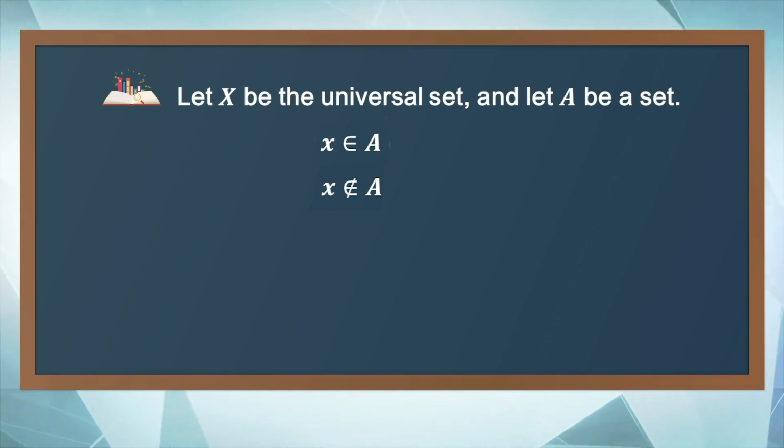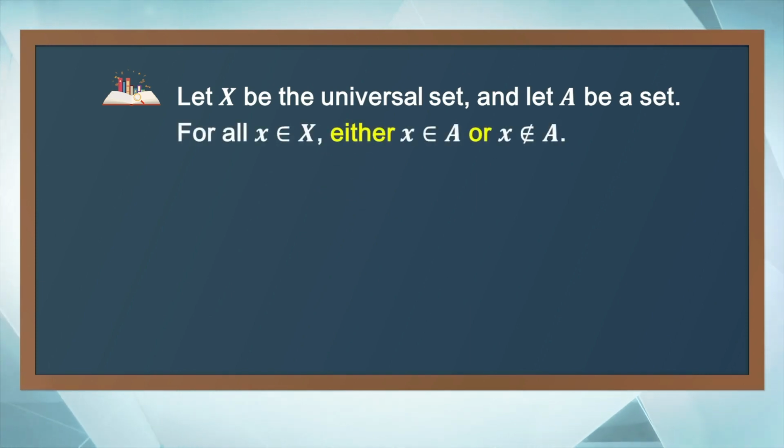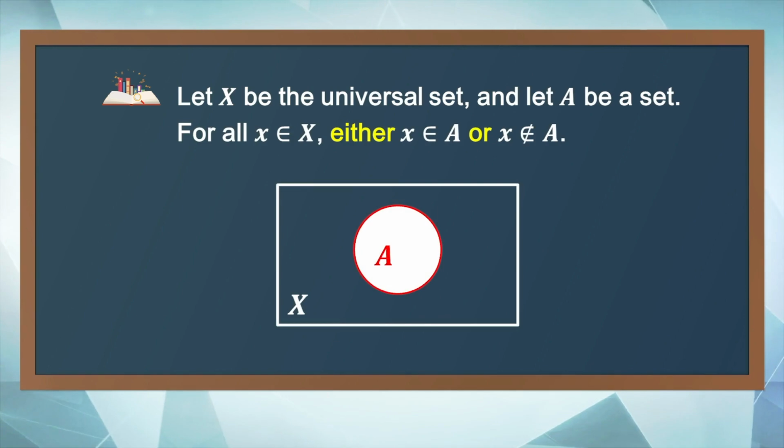Usually we use capital letters to denote the sets, and we use lowercase letters to denote the elements of the sets. For all elements in the universal set, either x is in set A or x is not in set A. Sets can be represented graphically using Venn diagrams, named after the mathematician John Venn.